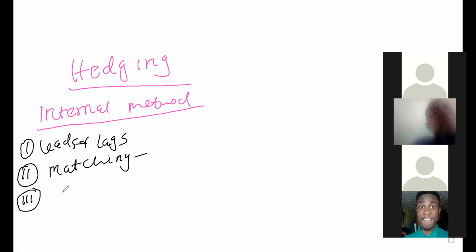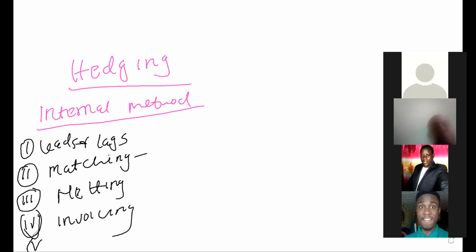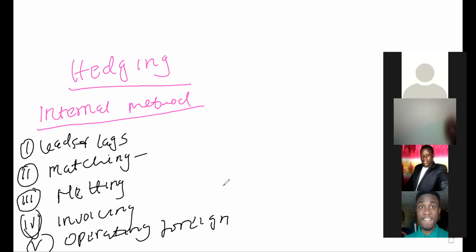I think there is netting and invoicing. And the fifth one, I think something like operating a foreign currency account. So those are 5 internal methods which a company can use to hedge itself against foreign exchange exposure.